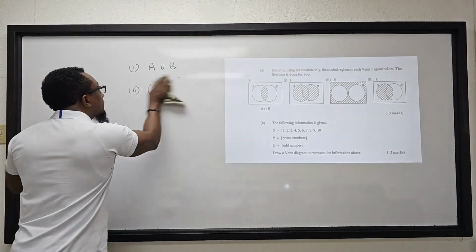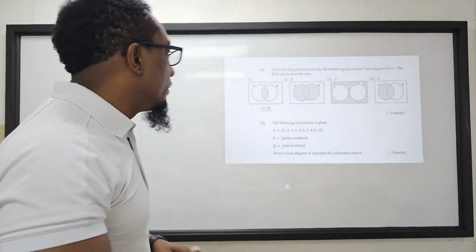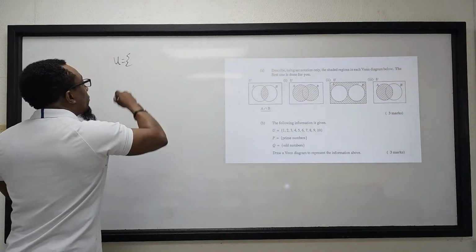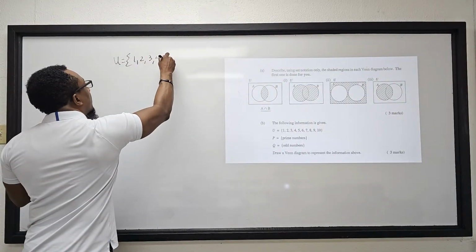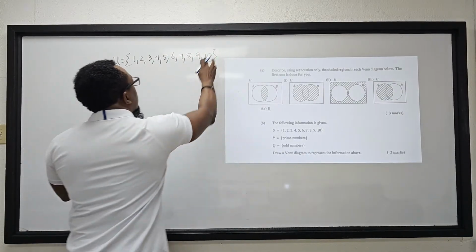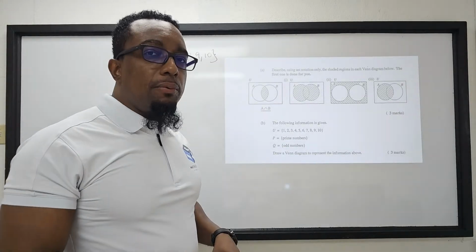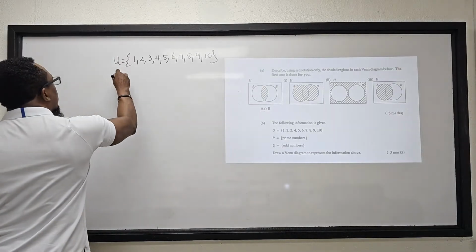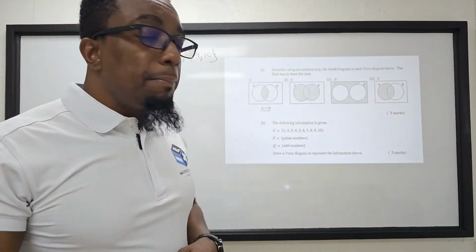So we have here our universal set, we have elements 1, 2, 3, 4, 5, 6, 7, 8, 9, and 10. And we have P, which are prime numbers. And let's see if you remember what are prime numbers.